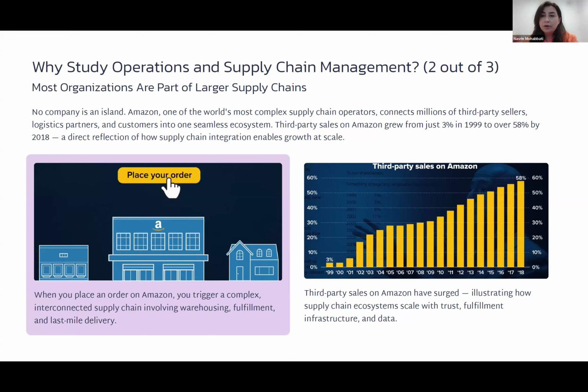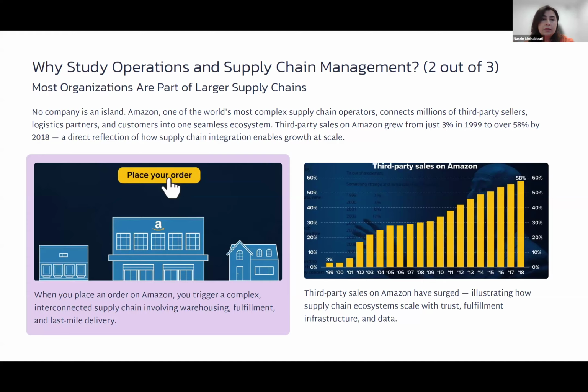They work with third parties, and they also have their own products manufactured as well. So not only do they have their own products and their own supply chain management around it, but they also work with third parties. And these third parties have their own supply chains.